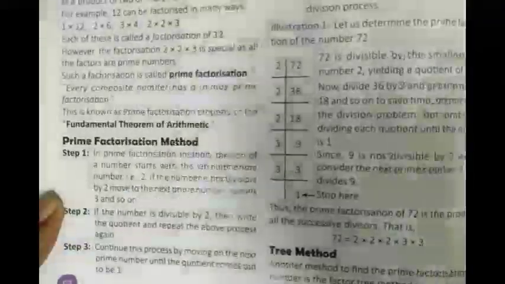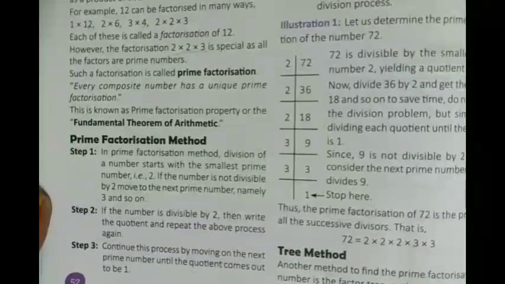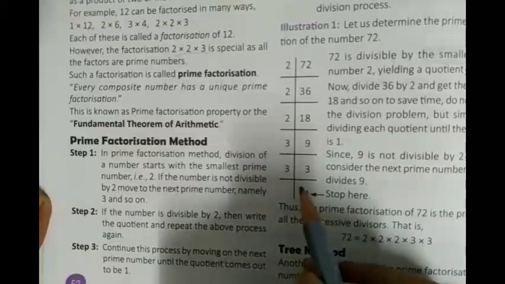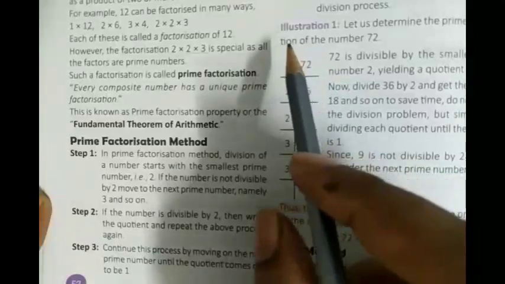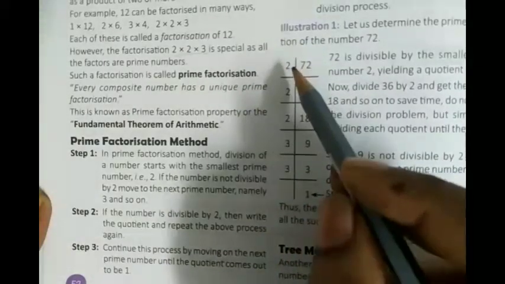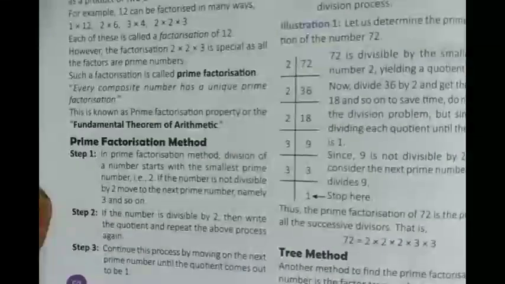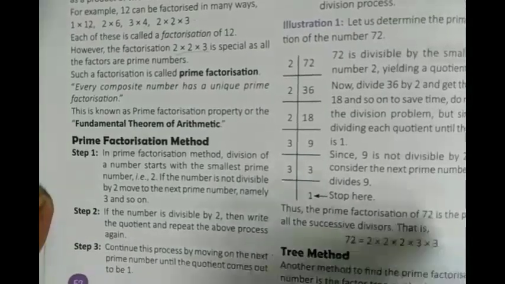We only use prime numbers, not composite numbers. We stop when we get 1. The numbers we have here, 2, 2, 2, 3 and 3, are the prime factors of 72. When we multiply all these numbers, we get 72.